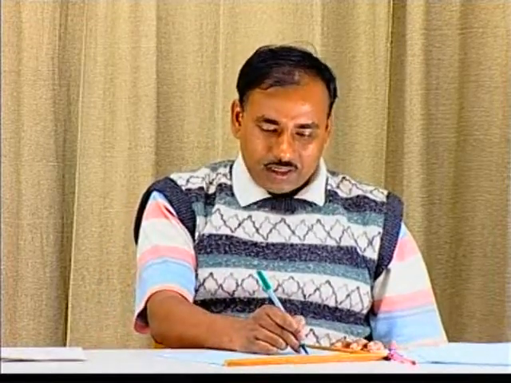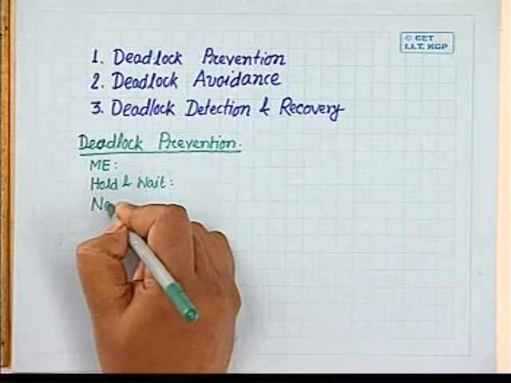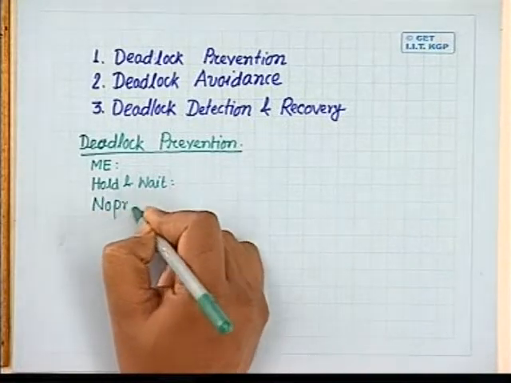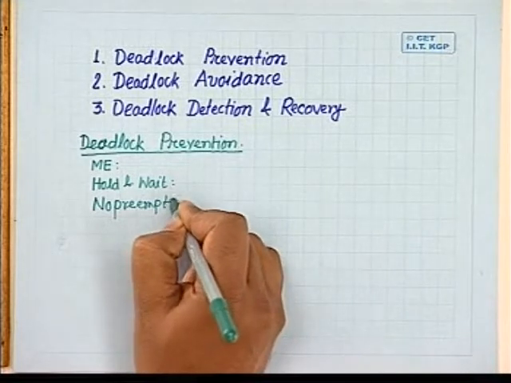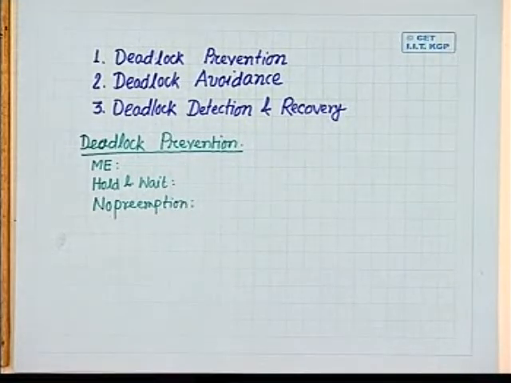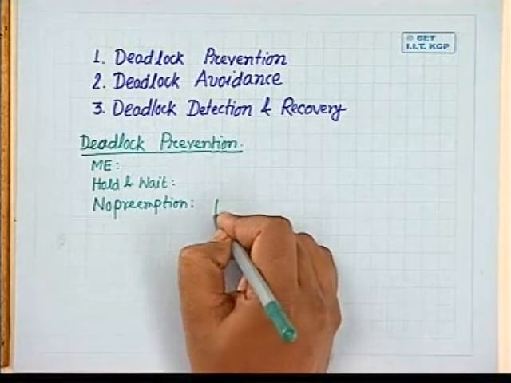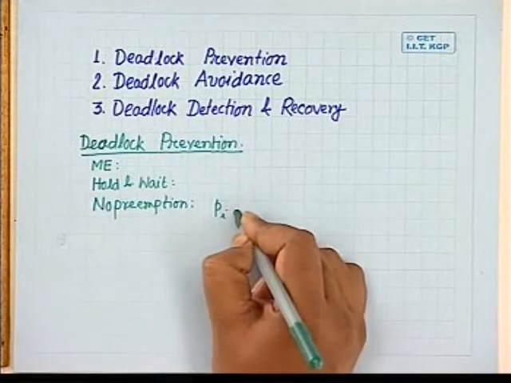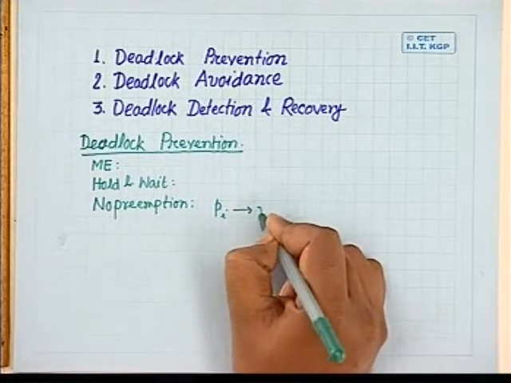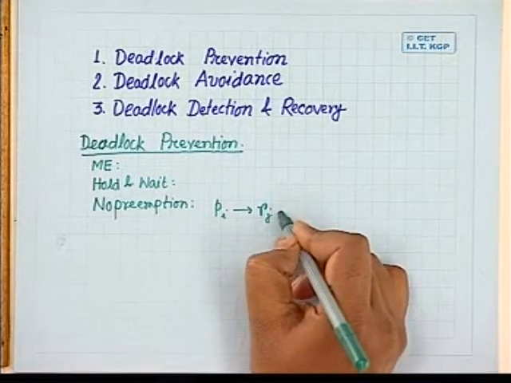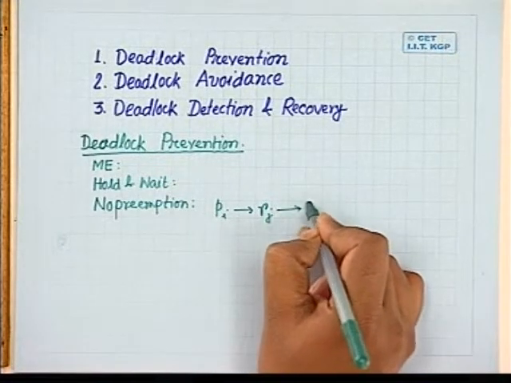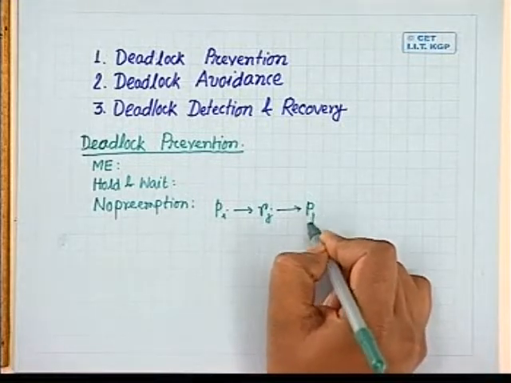The third condition, that is no preemption. This also can be broken if I follow an approach that whenever a process, say Pi, puts a request for a resource type say Rj, and Rj is currently given to a process say Pj.